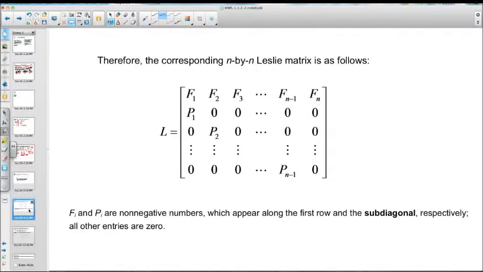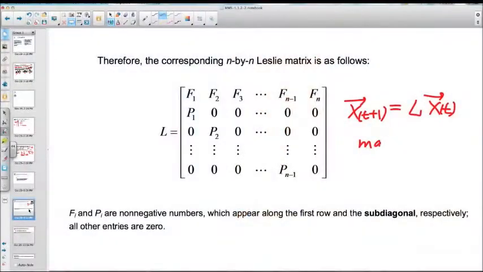And all I need now is to write x_{t+1} equals this Leslie matrix L times x_t. Well, this matrix is very special. It has quite a few names. First, many zeros. We call it a sparse matrix.